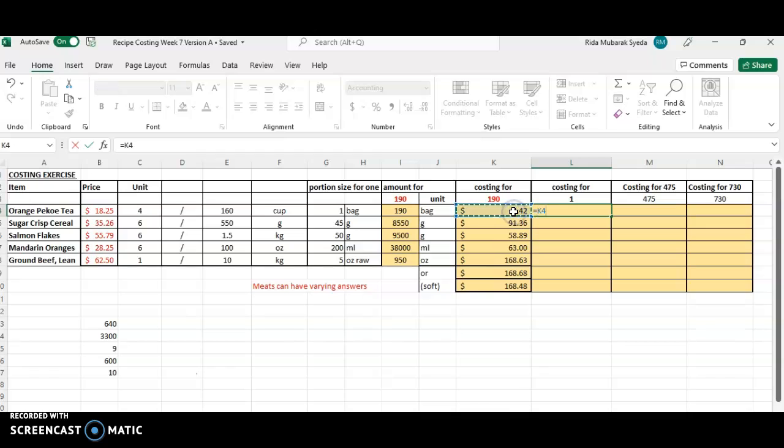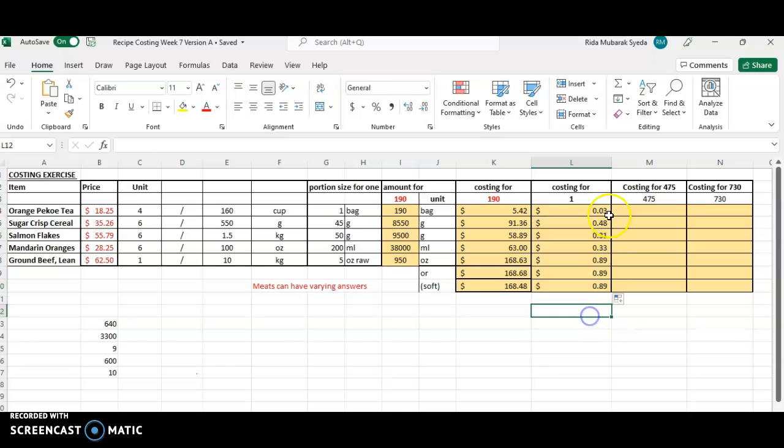So this divided by this, and since we know it's going to be the same number of residents for all my other ingredients, I'll do the F4 key, absolute cell referencing, and press enter, and I get 3 cents as my price. And I'm just going to drag it down to calculate it for my other ingredients, and we get the price for all the other ones.